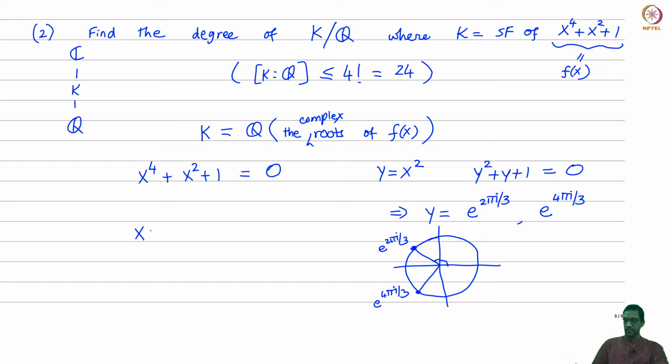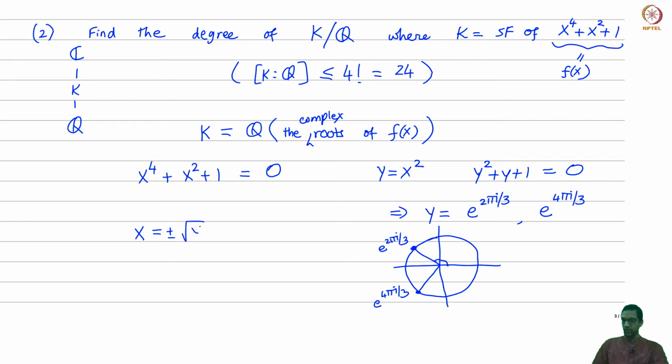So since x squared is y, how do I compute x from here? Well, x is just the square root of y. There will be two possible square roots, so let me say x is plus or minus the square root of y. Here y is e to the 2 pi i by 3. So what are my solutions for x?